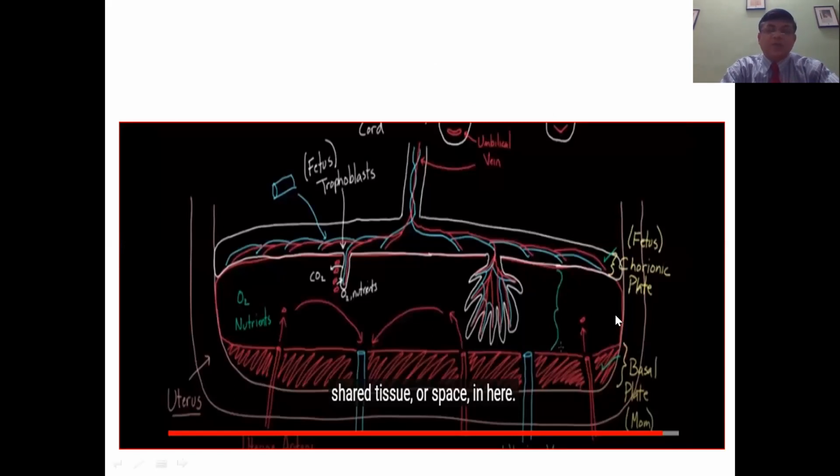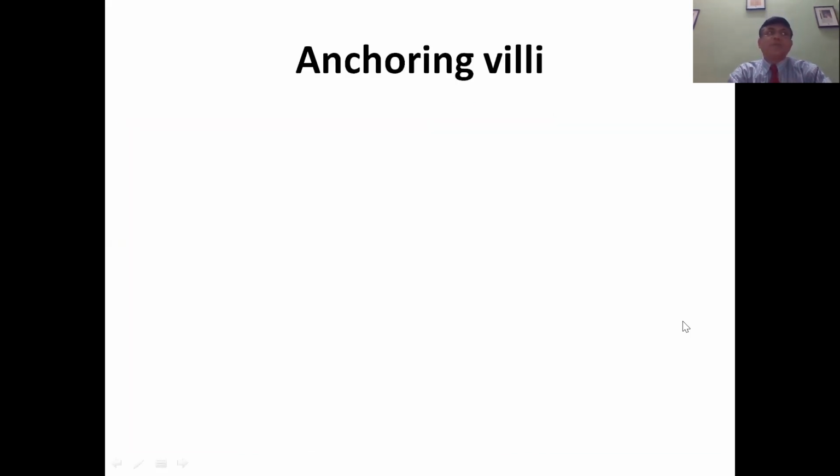This is the figure I got from Khan Academy, just for your description. This is the chorionic plate, and below is the basal plate. Chorionic plate contributed by the fetus, basal plate contributed by the mother. What are anchoring villi?